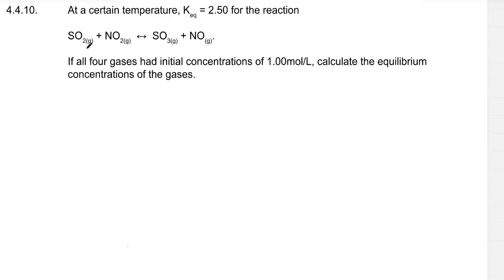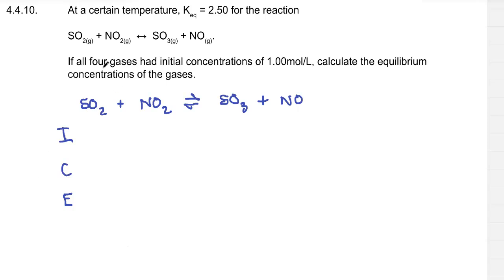We have this reaction, which is balanced 1 to 1, so it's a nice simple reaction. We won't be squaring or cubing anything. SO2 plus NO2, two-way arrows, SO3 plus NO. Initial, change, equilibrium.